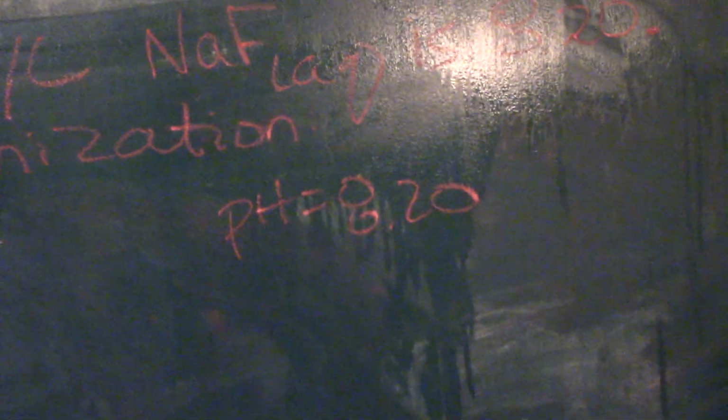Okay, the products are initially 0 and 0. So I need to solve for, so I have a pH, so pH equals 8.2. I need to find pOH.